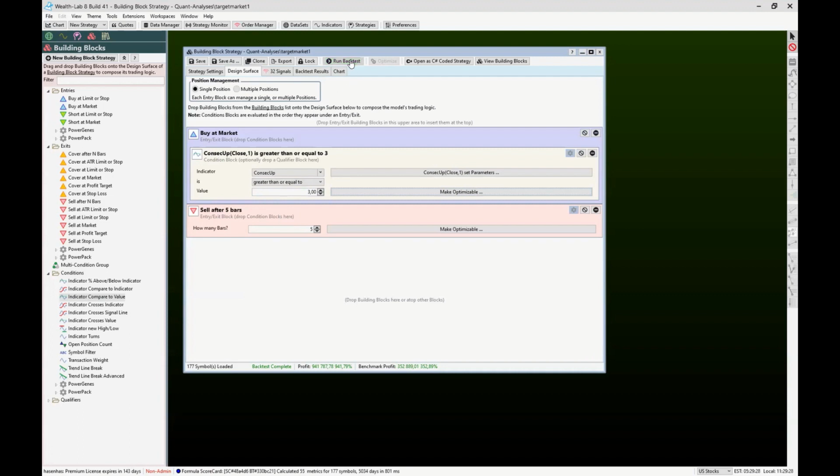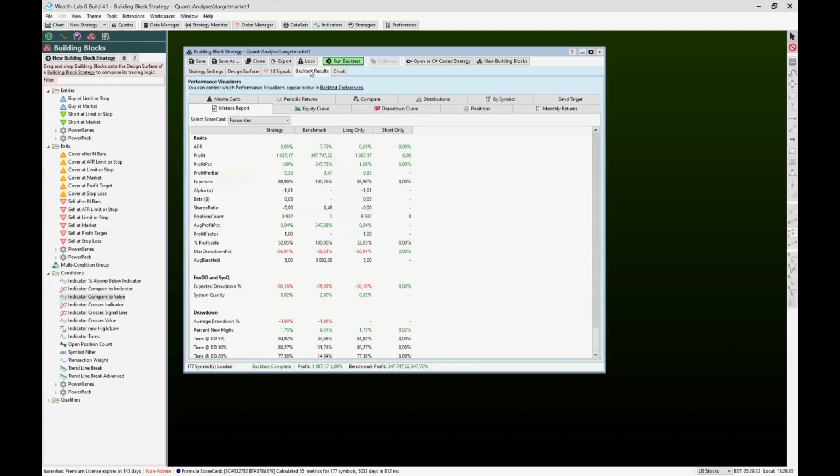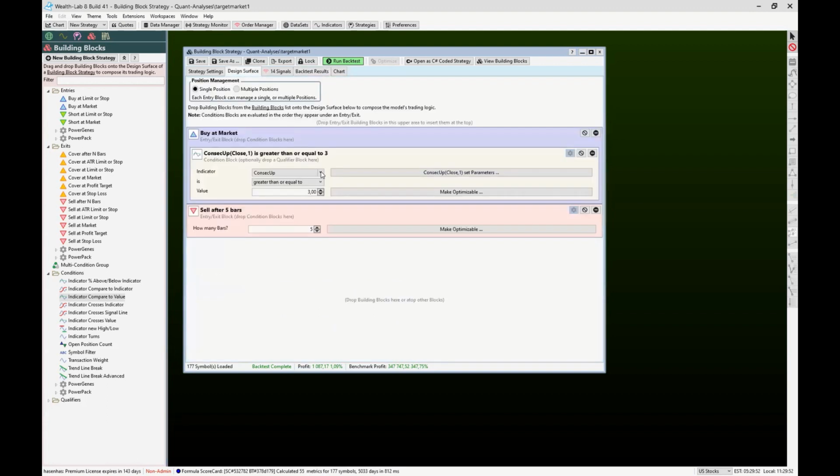Let's do the backtest once again. Okay, performance is not really good, but it's at least positive. Plus 0.05 APR, annualized percentage return. And again, we are doing now the opposite.